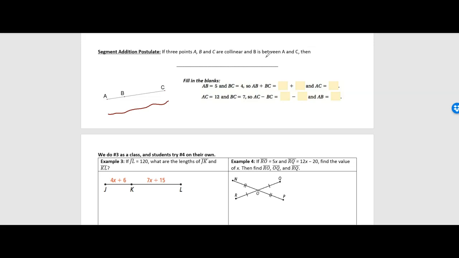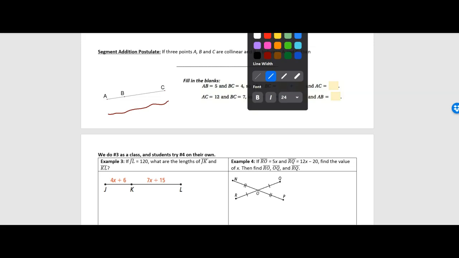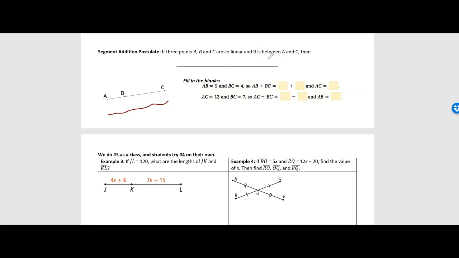So in my hand, I have a pen. I break it apart. I take the cap off. The segment addition postulate says if I add the two individual pieces, they will give me the length of the whole piece. So we can write an expression for this. It's just going to say AB plus BC is equal to the entire segment AC.